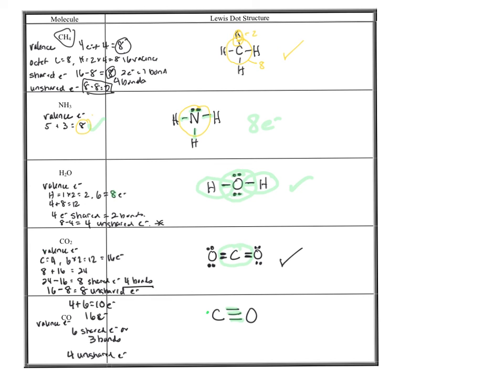So I'm going to put 2 here and 2 here. And when I do that, that will then show me that carbon has 8 and oxygen also has 8. And I've met my octet rule for each of those elements without exceeding my total of 10 electrons, right? So I have 2, 4, 6, 8, 10. That's it.